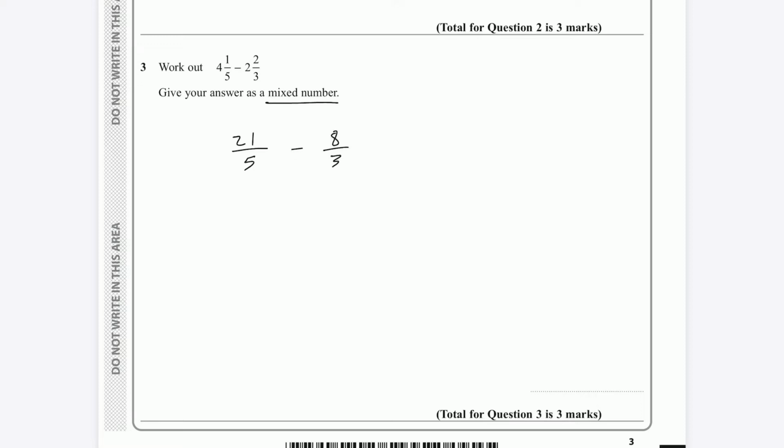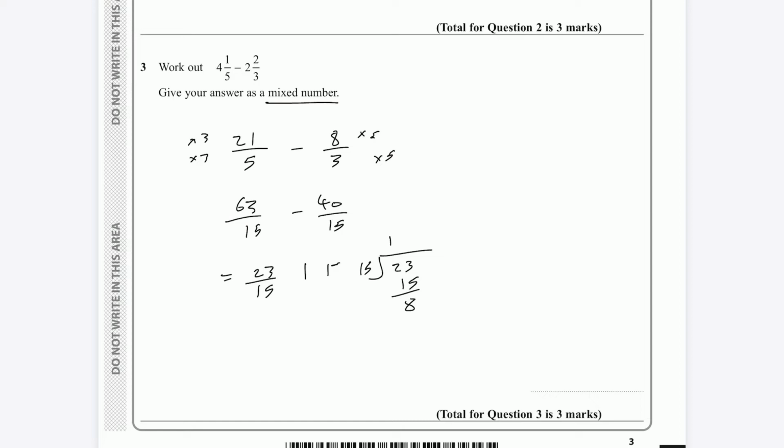Now we're going to make the denominators the same, times the top and bottom by 3 here, times the top and bottom by 5 here, and that becomes 63 over 15 minus 40 over 15, and then that becomes 23 over 15, and it wants it as a mixed number, so we just use a bus stop method here. 1 fifteen is 15, that leaves us with the remainder 8, so that is going to become 1 and 8 over 15. Is the final answer.